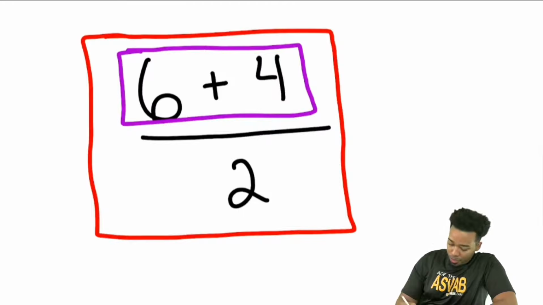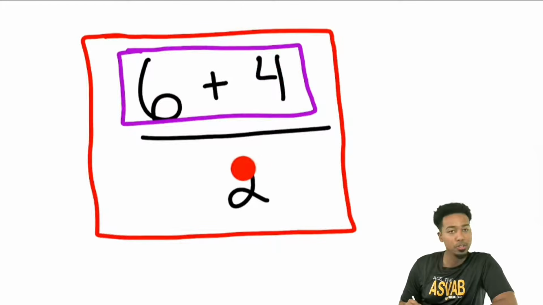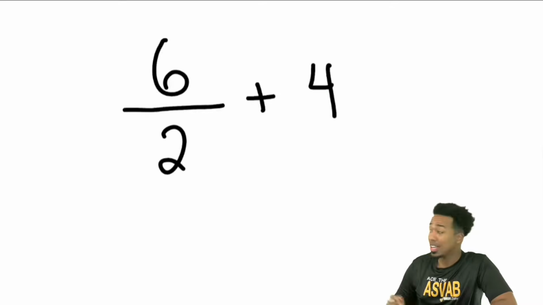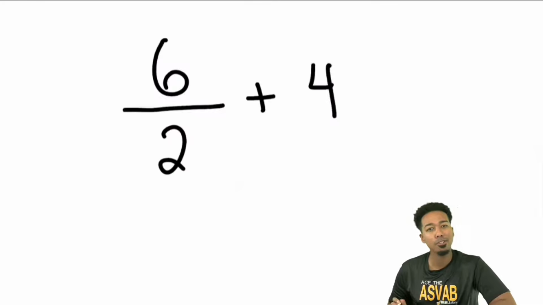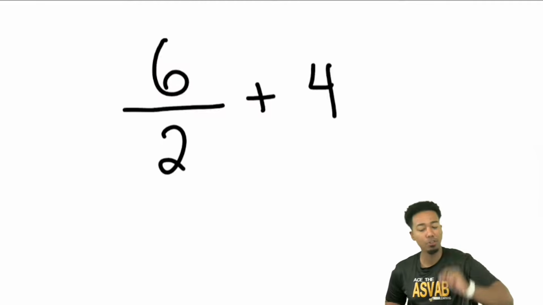So here we saw that we add the 6 and 4, then we divide by the 2 at the end. Let's look at the same exact numbers, the same exact operations, but notice how the order is different here. What do we do first? Are we dividing by 2 first? Are we adding the 4 first? Which one's happening first here?